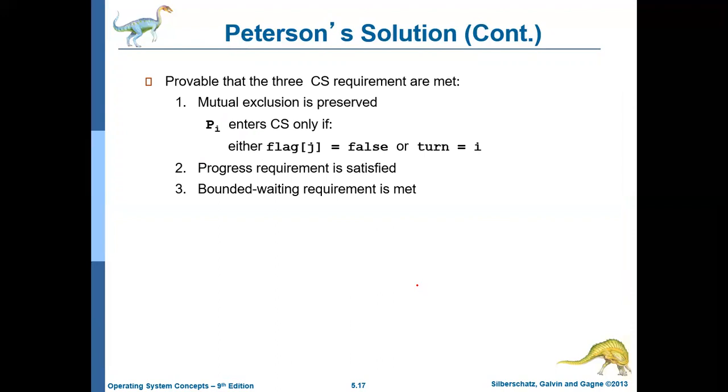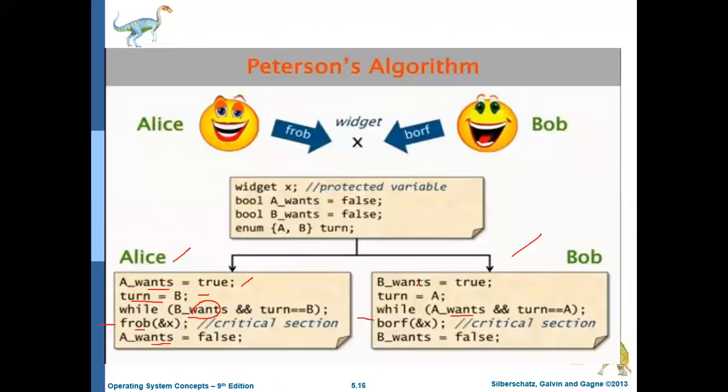Similarly, it also ensures bounded wait. Bounded wait in the sense that if both Alice and Bob want to enter the critical section, then either one of them will get it. If Alice gets first, then once Alice comes out, even if Alice wants to go immediately again, that cannot happen because Bob is waiting.